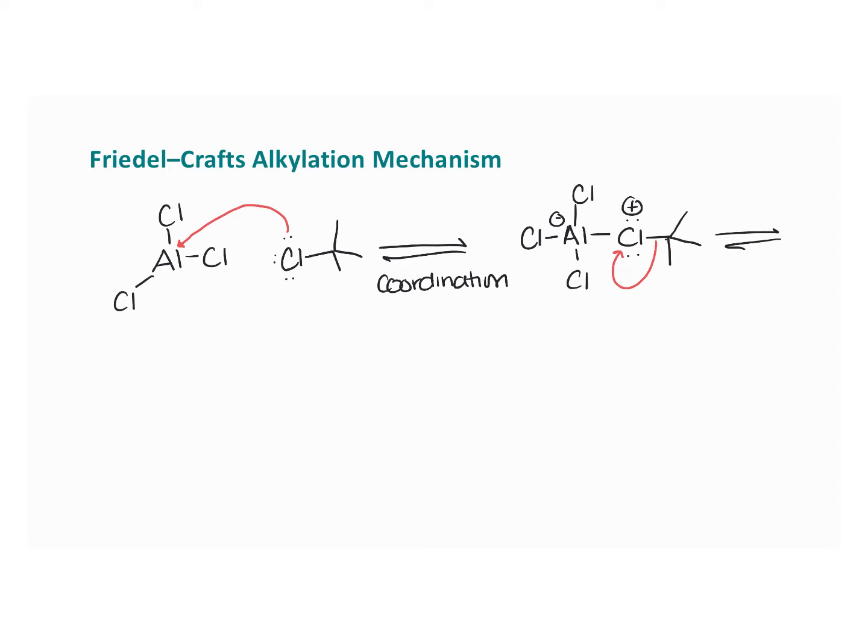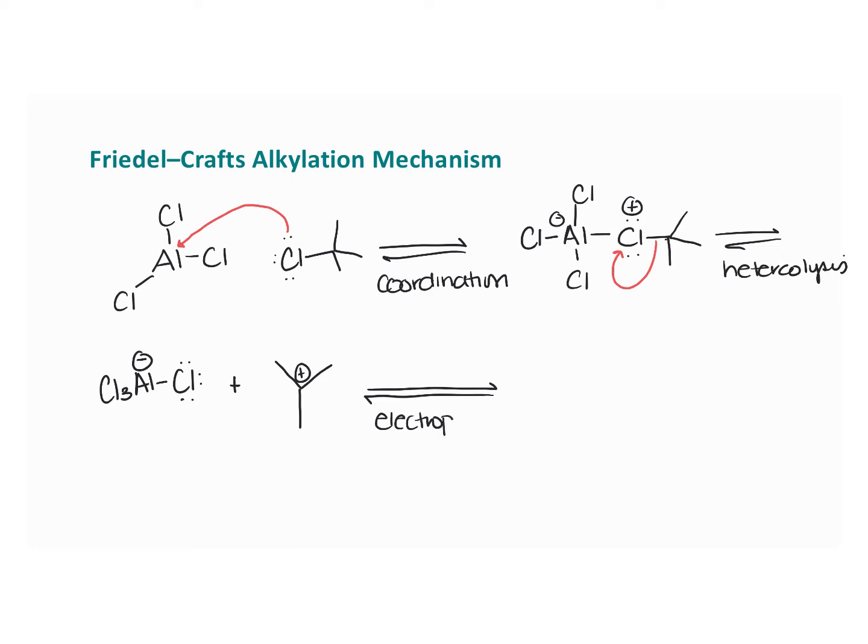Once it does that, it's going to form AlCl4 here, and it's going to form a carbocation here. Now, remember, we're forming a carbocation, so you need to watch out for carbocation rearrangements.